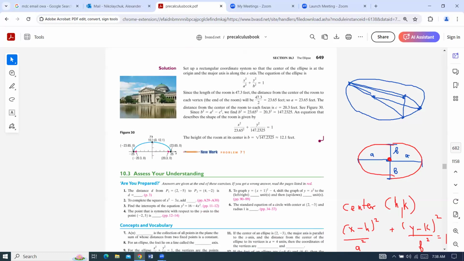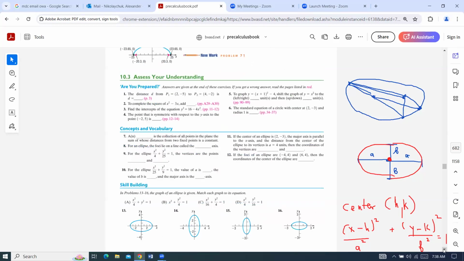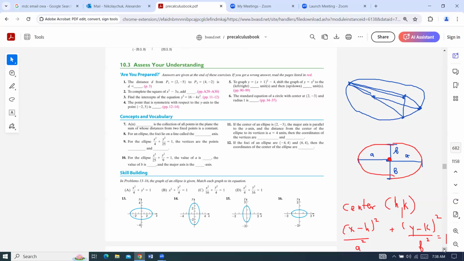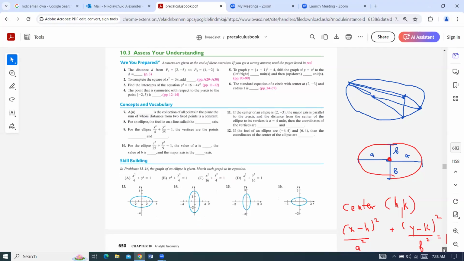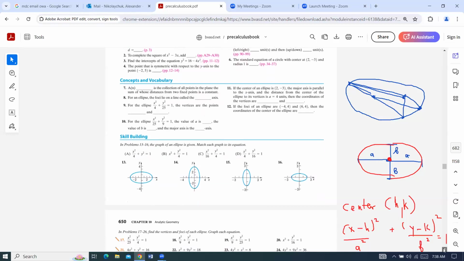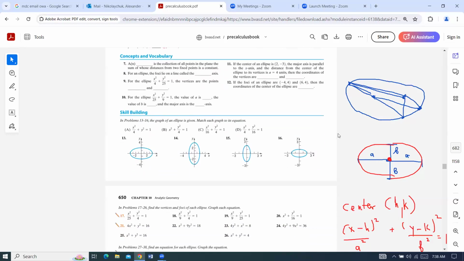So I'm going to just take a few exercises here and do them. So skill building part, as usual, is what I'm concerned with. So let me start with exercise number 17 in here. In this exercise, we are supposed to pull out the center and the A and B for the ellipse.